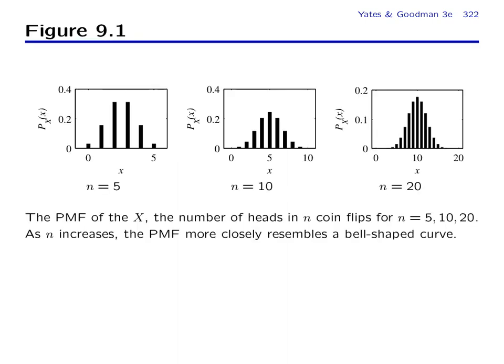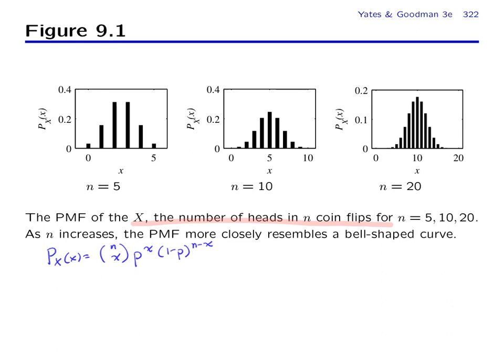Let's start with a simple example and look at the random variable x, the number of heads in n coin flips. We already know that x is binomial and has PMF p_x(x), which is n choose x, p to the x, 1 minus p to the n minus x.